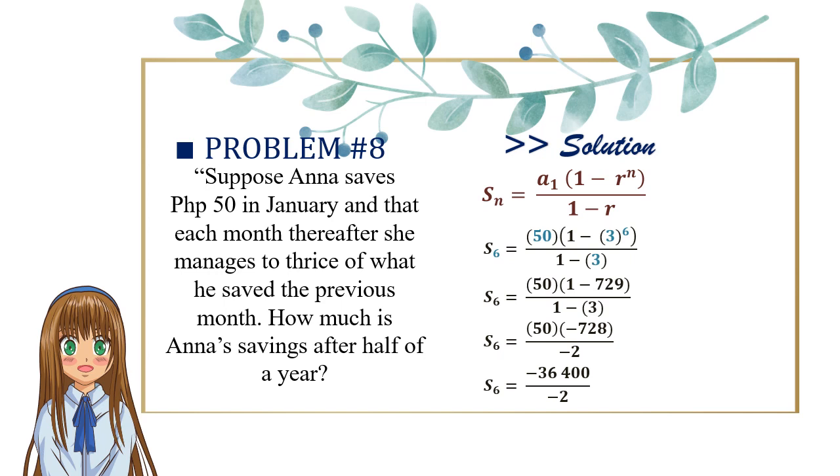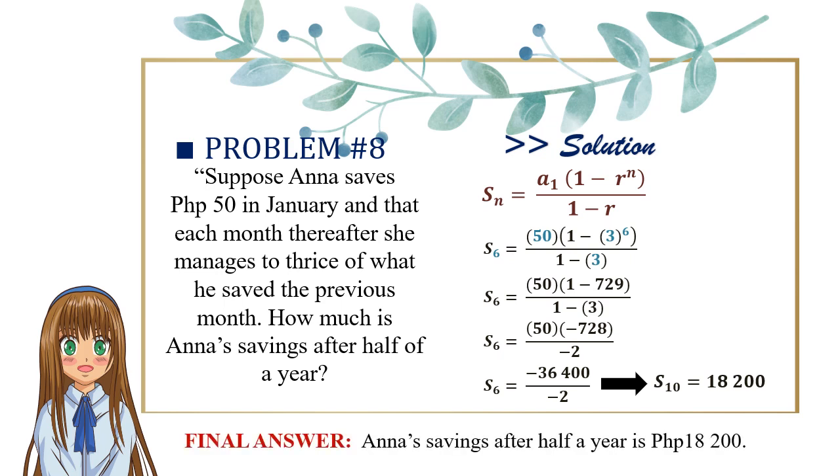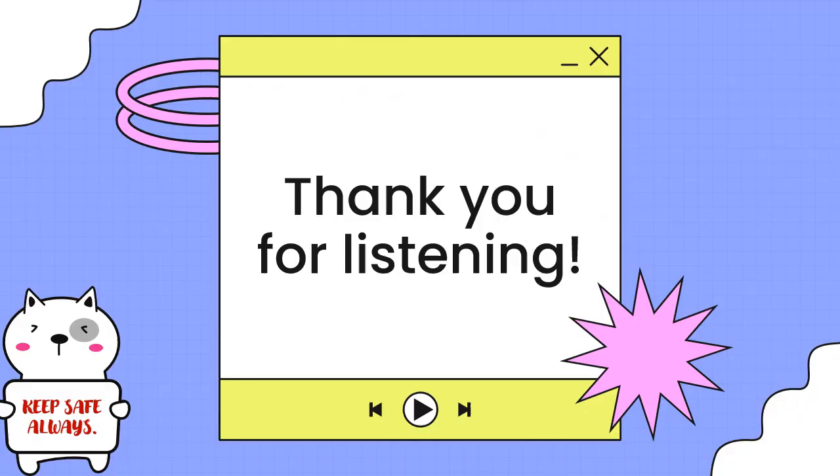And lastly, I will divide both our numerator and denominator, so we'll have 18,200. And that means my final answer would be Anna's savings after half a year is 18,200 pesos.